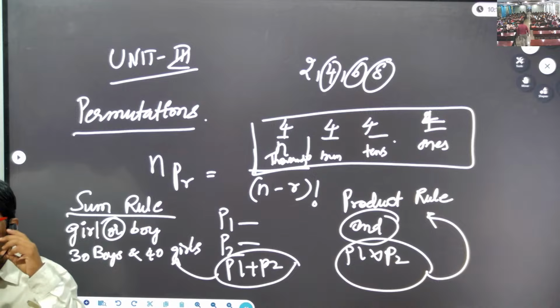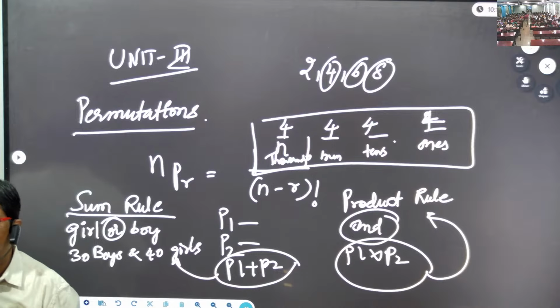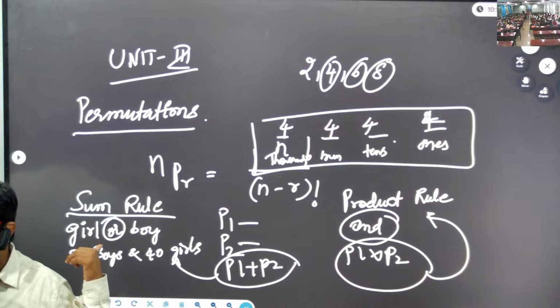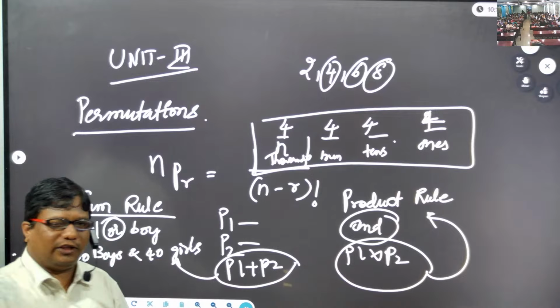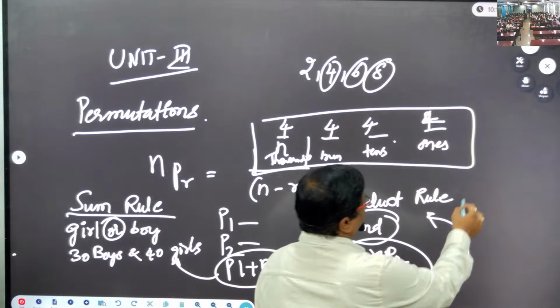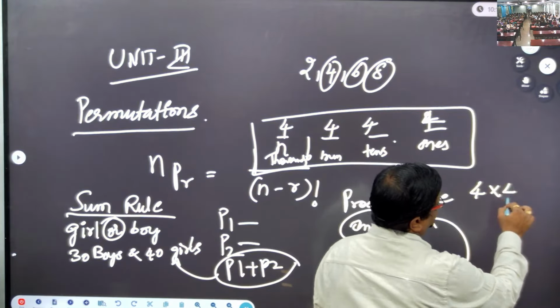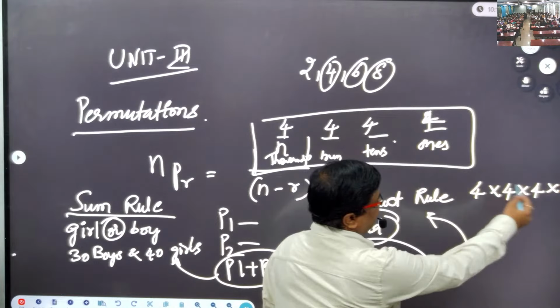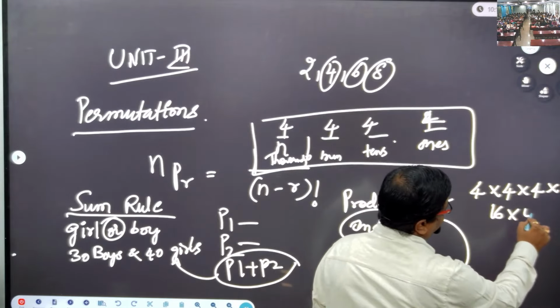Right? So is it going to be addition or multiplication? Product rule or sum rule? Product rule. So what is going to be our answer? 4 into 4 into 4 into 4. 16 into 4 into 4.